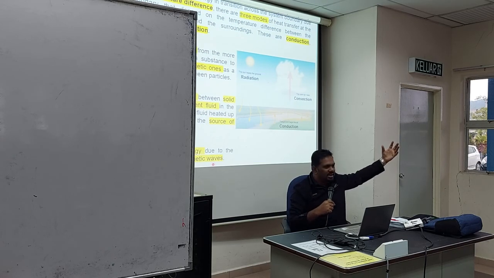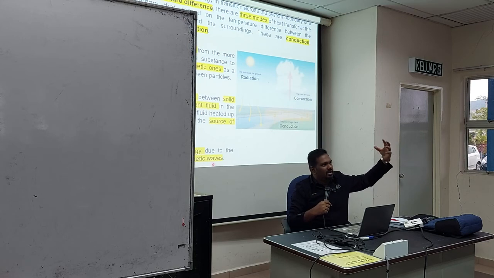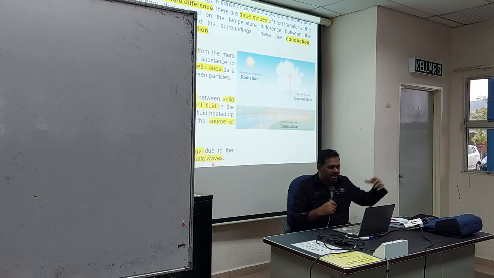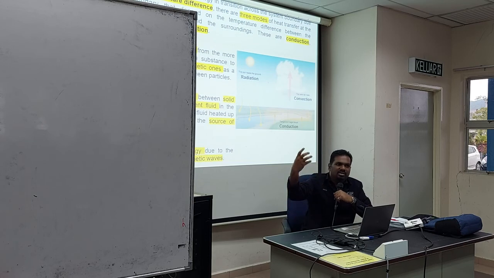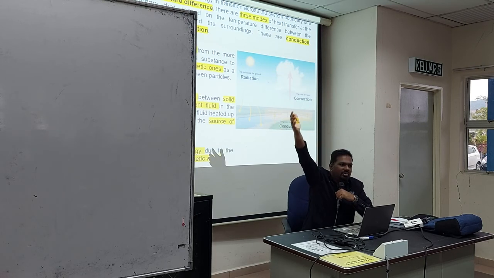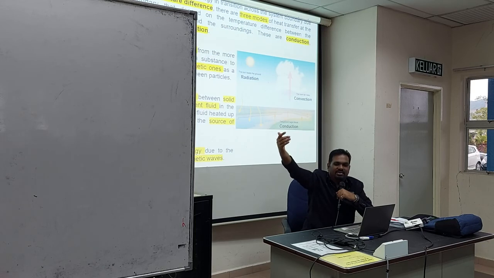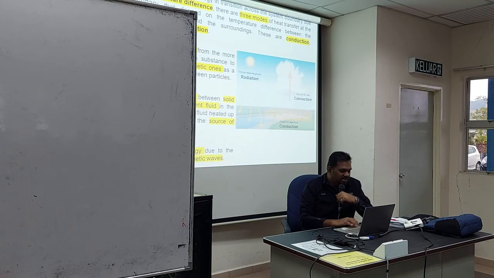So you dapat dari matahari melalui radiasi. Radiasi adalah berkaitan dengan electromagnetic wave. So that is what we call as a radiation. So normally the source of radiation adalah sun. Okay, matahari. Walaupun matahari dia beratus ribu kilometer dari bumi, tapi we still can get because of electromagnetic wave. Okay, so that is radiation.